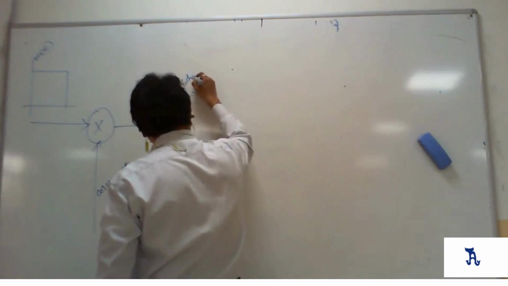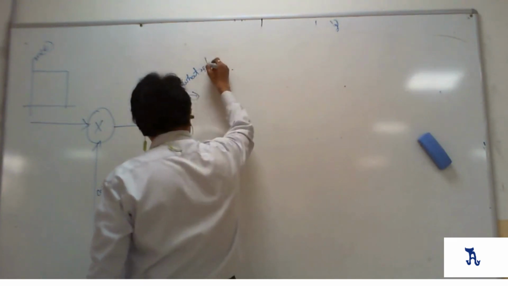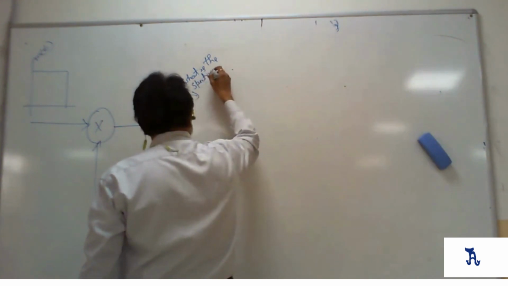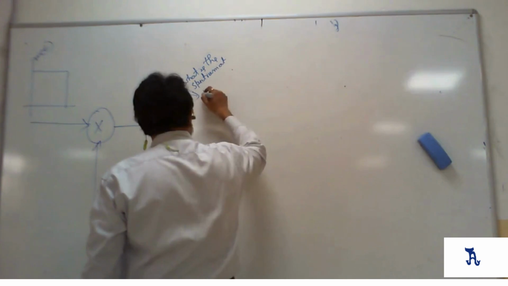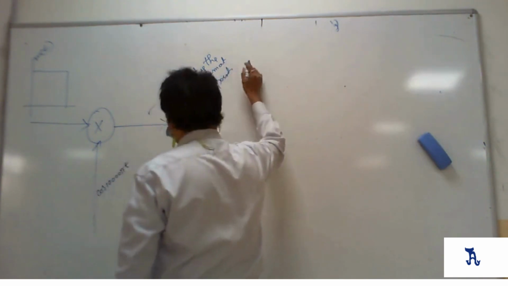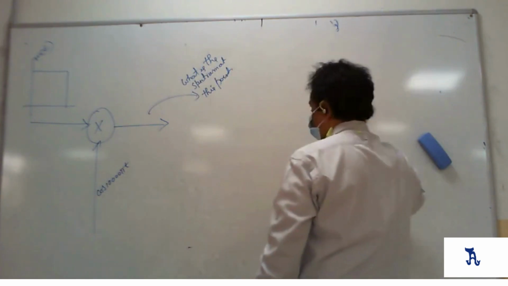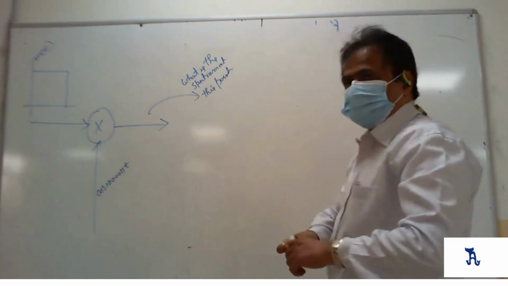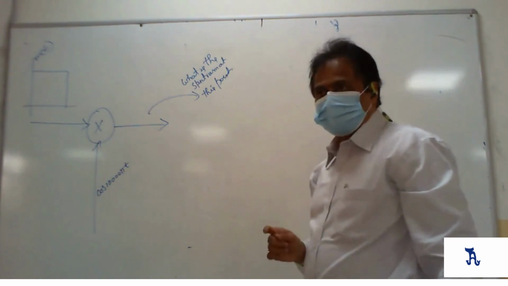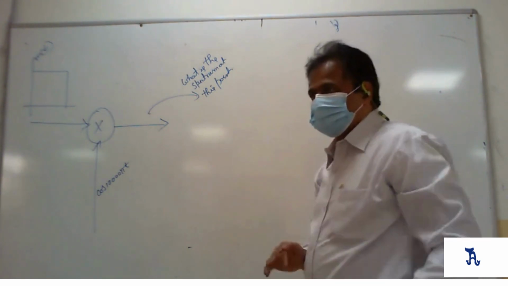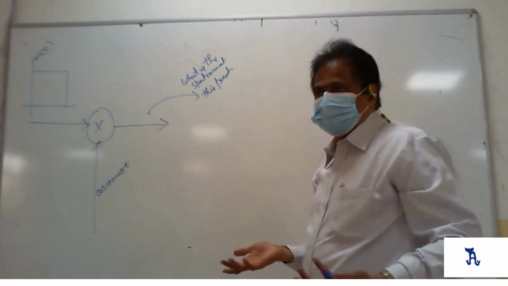What is the spectrum at this point? Can I do this now? Spectrum of a rectangular pulse, you must have done it, right? It's a sinc pulse. You should remember this.